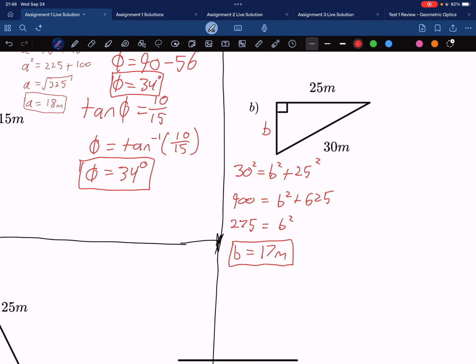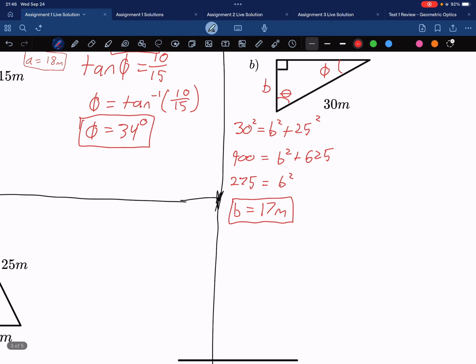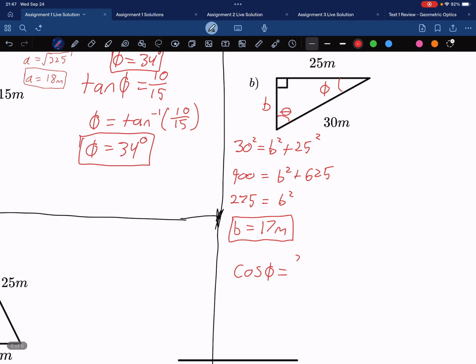Angles time. I'm going to call this one theta, and I will call this one phi. I'll go for phi first. For phi, I have the adjacent and I have the hypotenuse. So, adjacent and hypotenuse will give me cosine of phi. Again, I'm choosing this based off of SOHCAHTOA. 25 over 30.